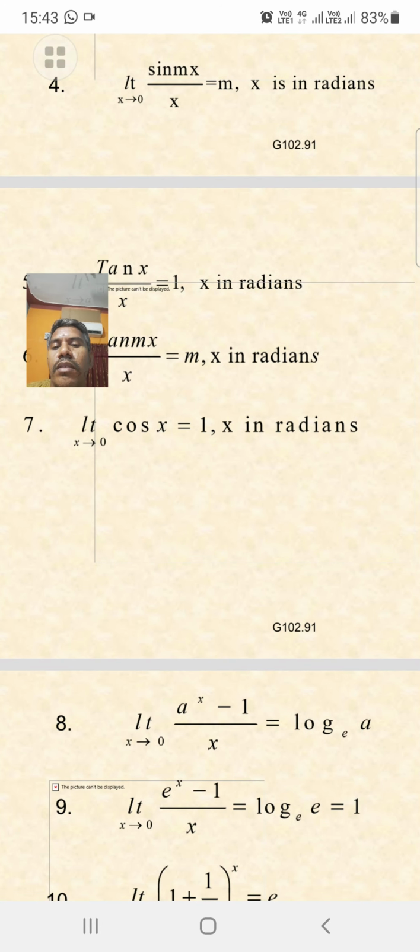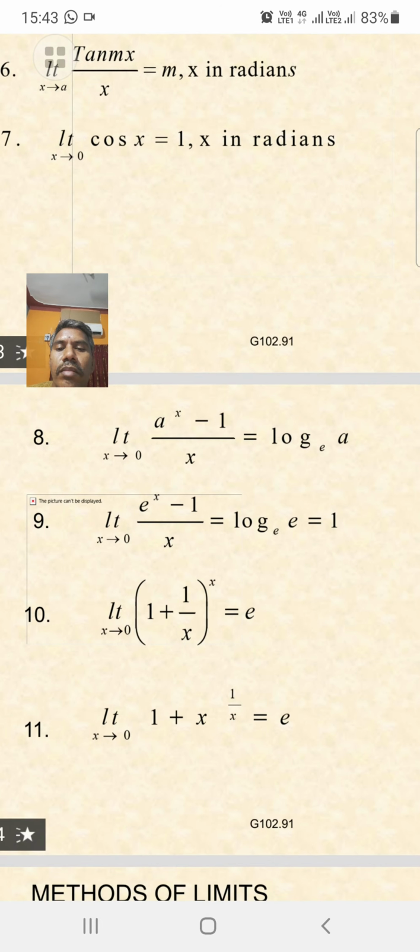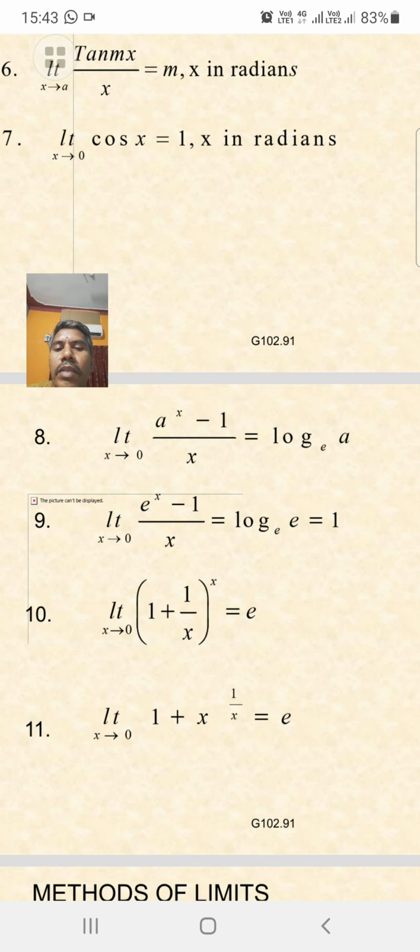Limit x tends to 0, cos x equals 1. Limit x tends to 0, a power x minus 1 by x equals log a to the base e.